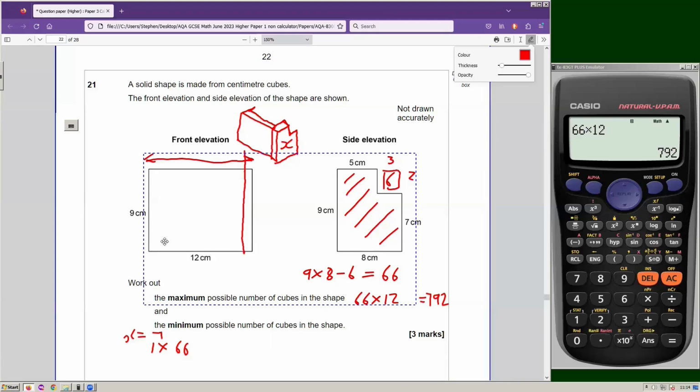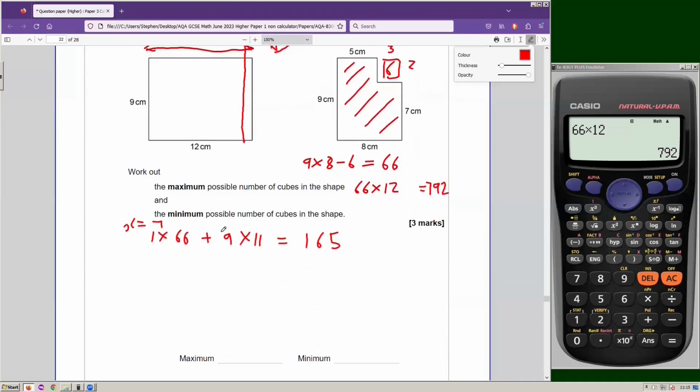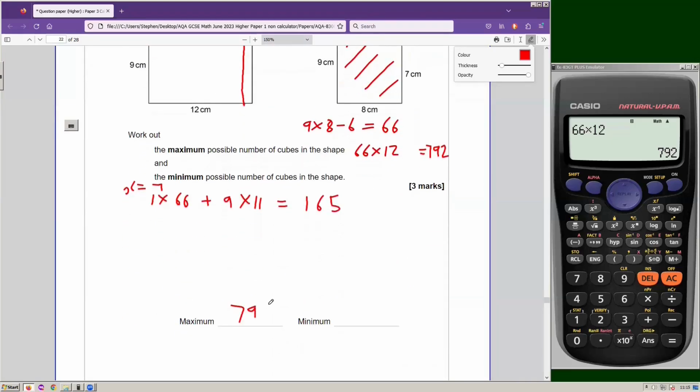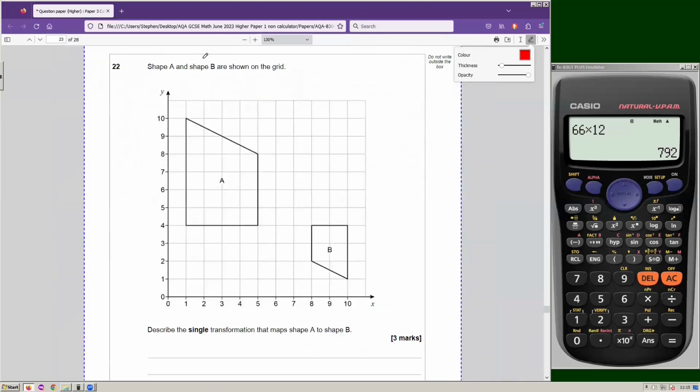And then we've got 1 less than this plus 9 times 1 less than the 12, because we've got this face taken off. 9 times 11, so that's 99, isn't it? So we've got 66 plus 99. Well, I know what that is, 66 plus 99 is going to be 165. Let's just put them down there. 792, 165.